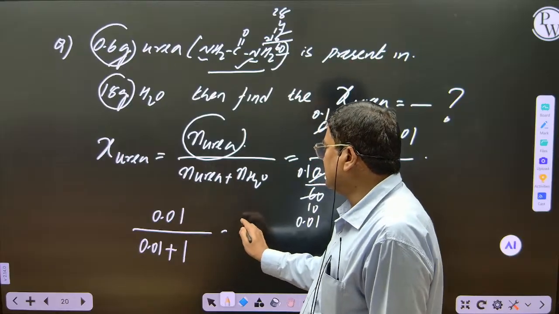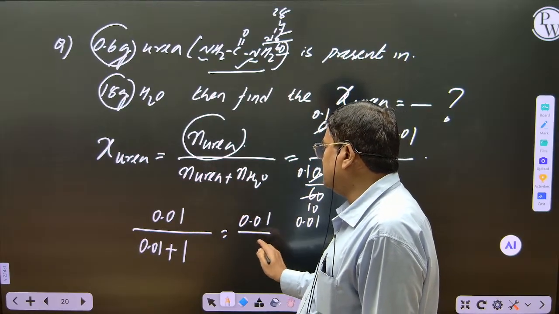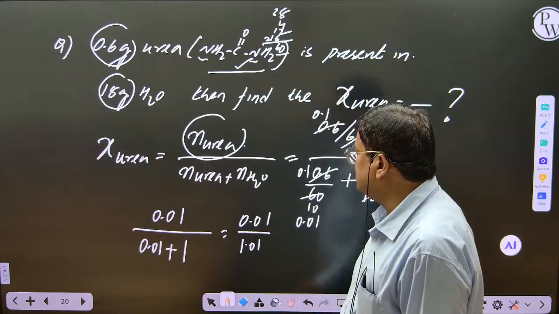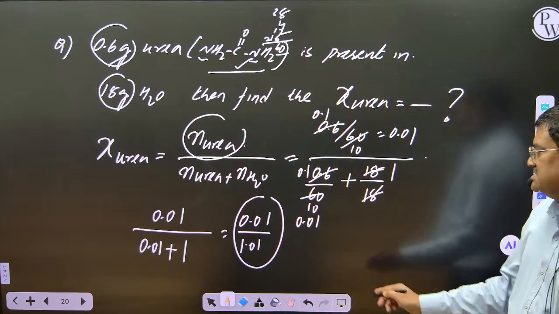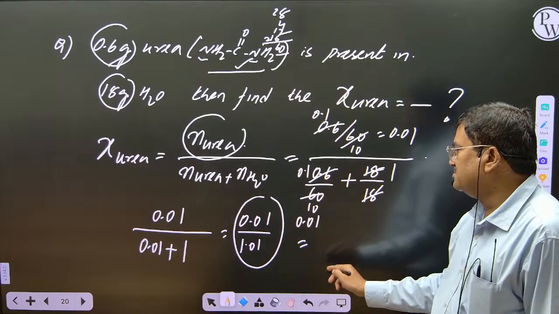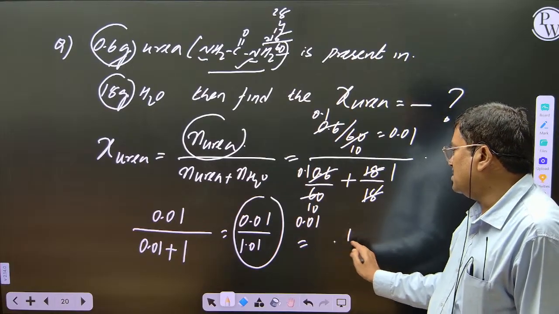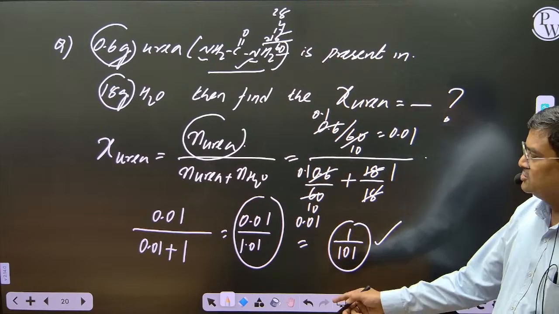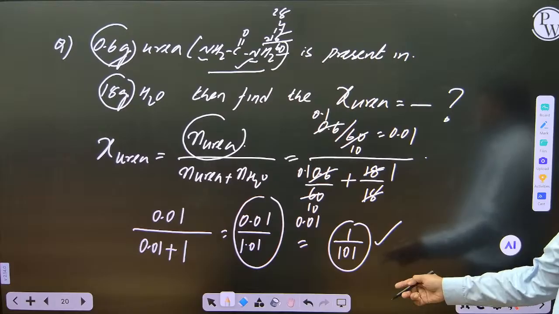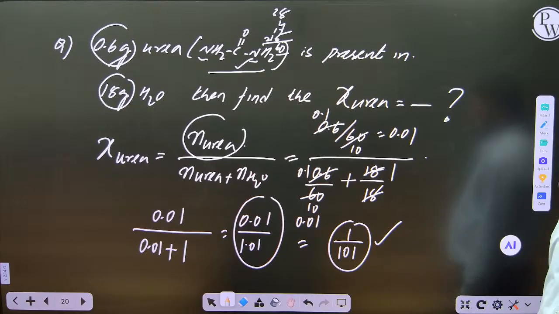That means it is coming how much? 0.01 by 1.01. Is it right? Check everyone. Or can I write this as 1 by 101? Do you agree? So in the option, he may give either 0.01 or 1 upon 101.